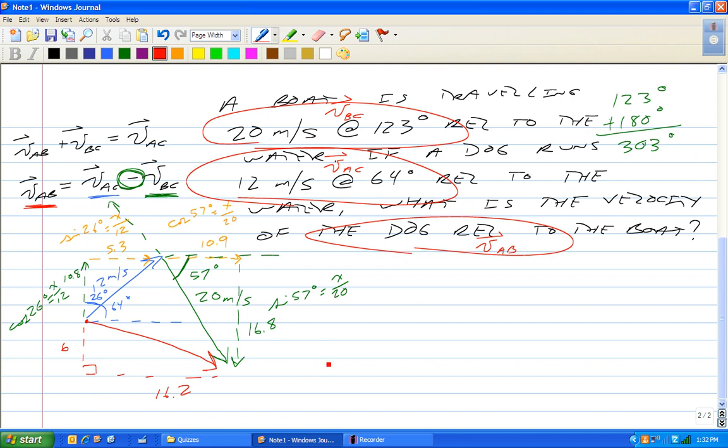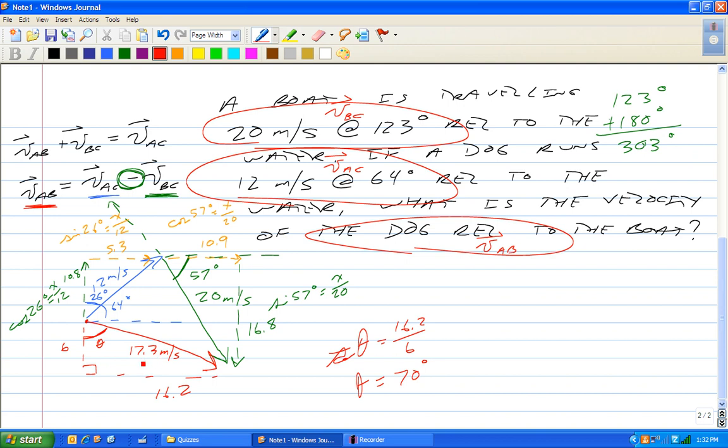So that gives me 17.3 meters per second. And now all I need is the direction. Let's call that angle theta. Tan theta equals 16.2 over 6. That theta is 70.